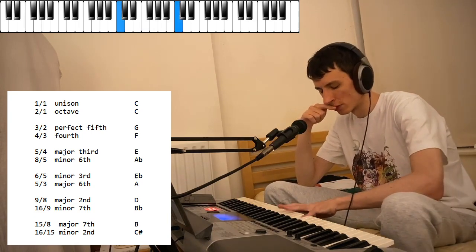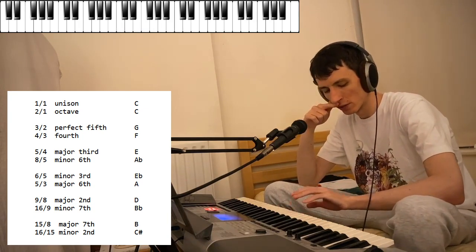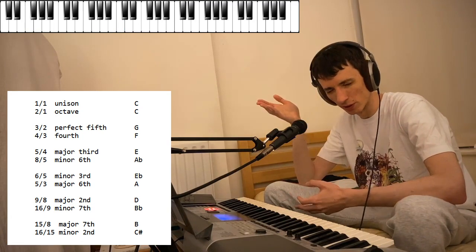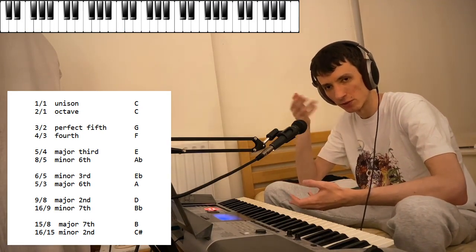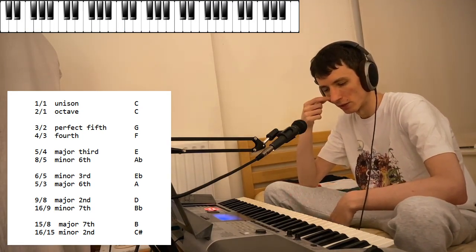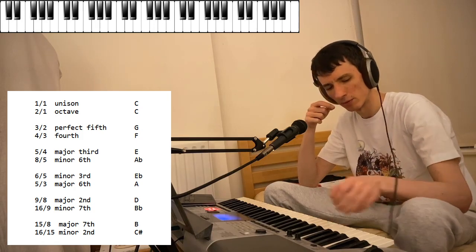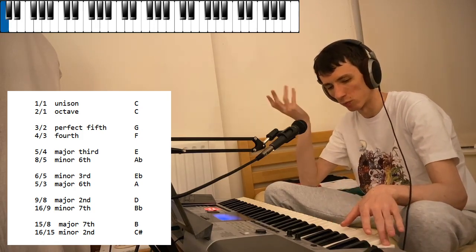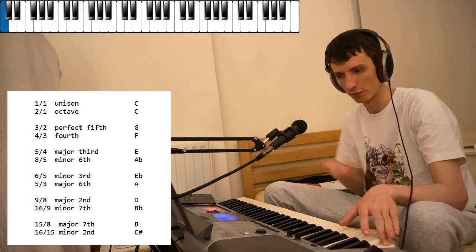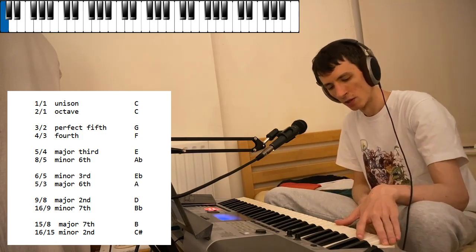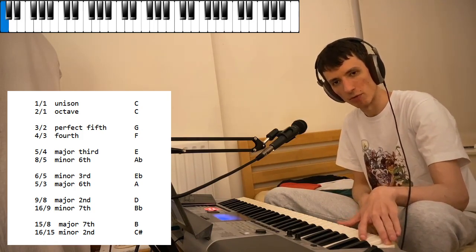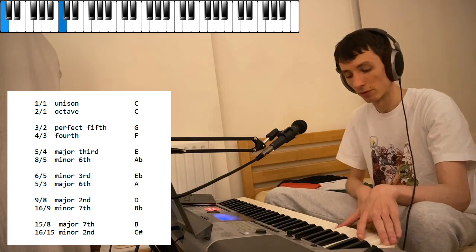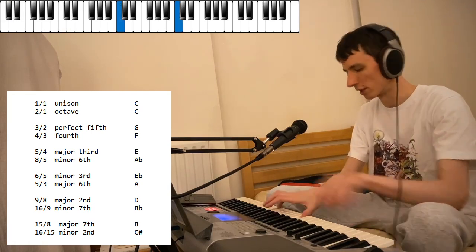If we assume that this is equal to 1, because why not, everything can be rescaled, then the logarithm base 2 of this is 0, and the logarithm of this is 1, 2, 3, 4, right?